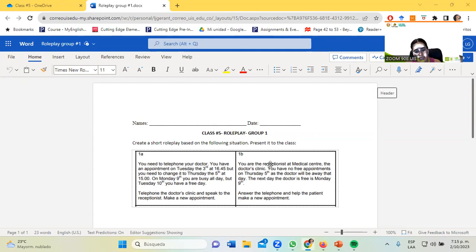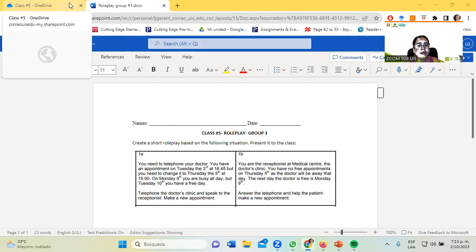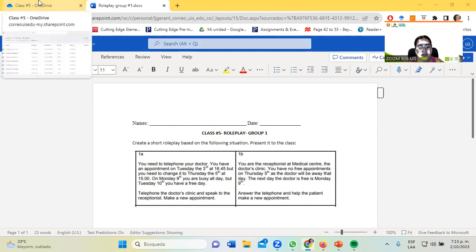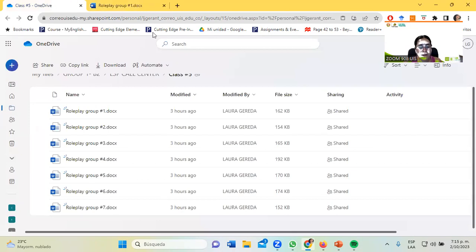And this is the answer. You don't have a free appointment on that day. So explain the situation and find a solution, right? So read the situations carefully and create a conversation based on that. One of you will be the customer and the other will be the representative, right? The customer service representative.